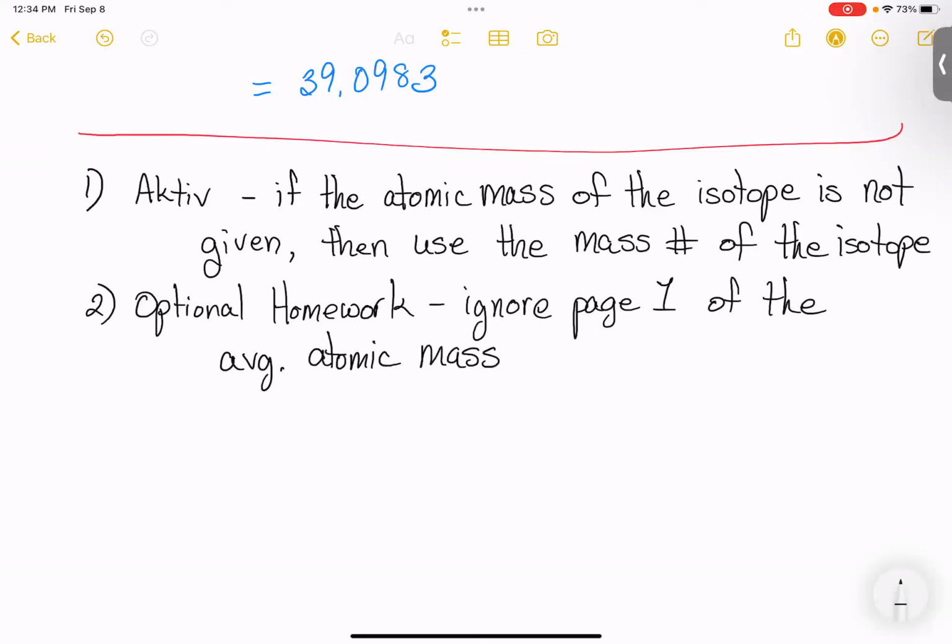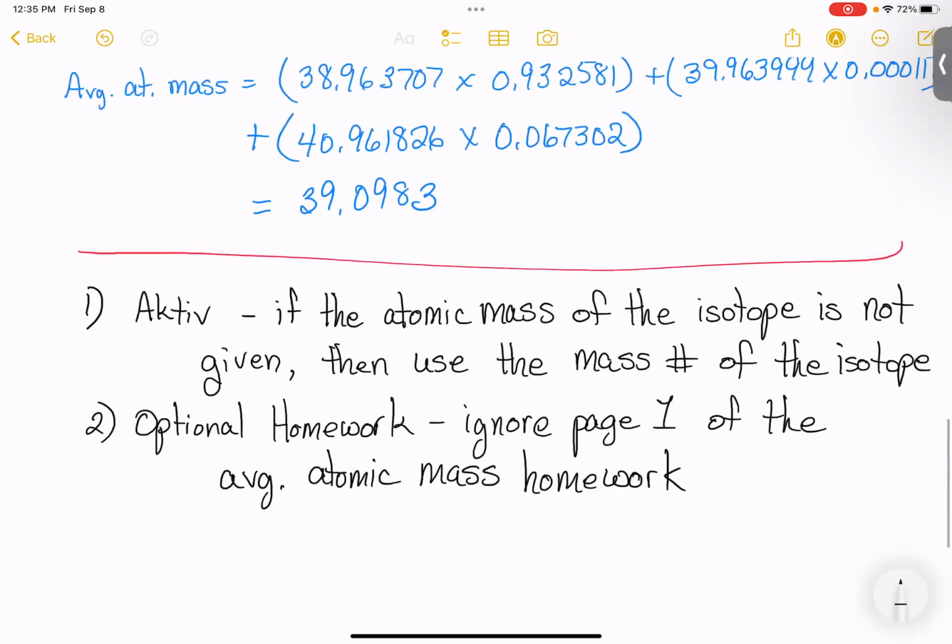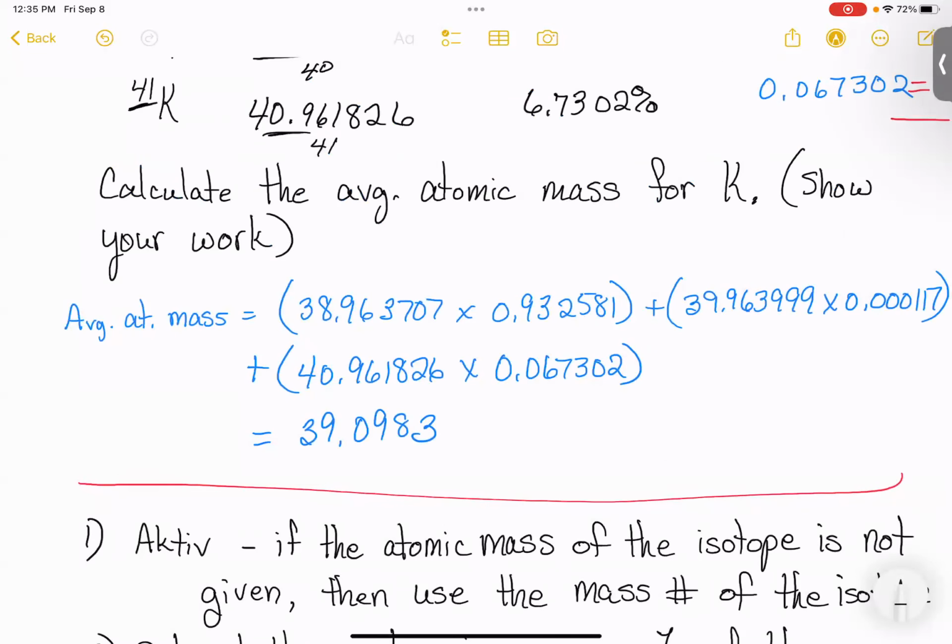It's not that that page is difficult at all, but what that page was trying to illustrate is how these values up here came into existence.